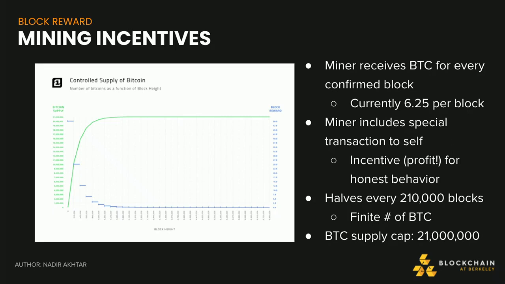But as we approach this cap, and I think we're around 19 million Bitcoin in circulation, as we get closer and closer, we'll see that these rewards will keep halving. If we look at this green curve up there, it starts off really large, and as we get closer and closer to all the Bitcoin being in circulation, less and less will be released into circulation.